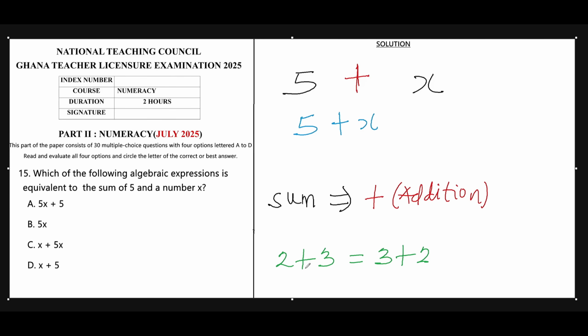So irrespective of how we order the terms, even if we change the terms when it comes to addition, it does not affect the final result. 2 plus 3, that is 5, and then 3 plus 2, that is 5. So it is clear that 5 plus x is also the same as x plus 5. So with this, we select option D.